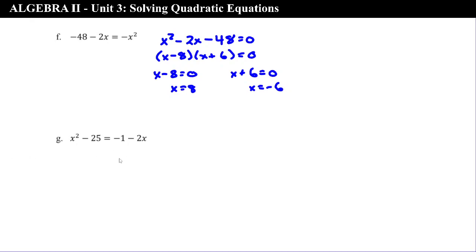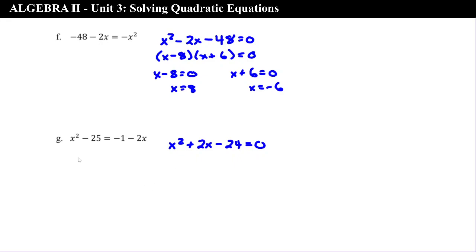And then in example G here, we have x squared. If we move the 2x over, that's going to give us positive 2x. And then if we add 1 to each side, that's going to give us negative 24. So we need two numbers that multiply to give us negative 24 and add to give us, I should say, 2.